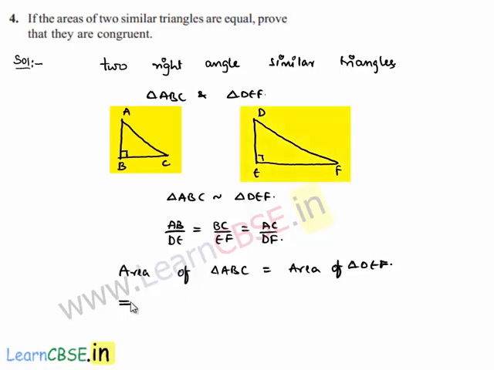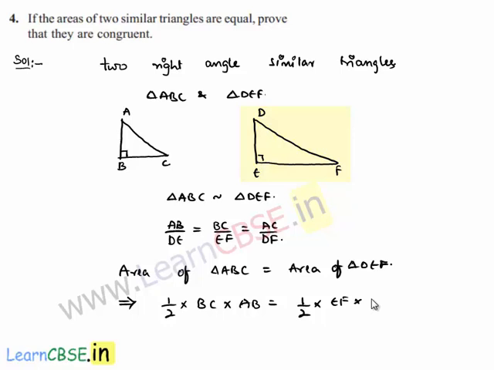Then it becomes half times base BC into height AB is equal to half times base EF times height DE. That implies half and half will be cancelled on both sides of the equality, and we can write this as BC by EF is equal to DE by AB.